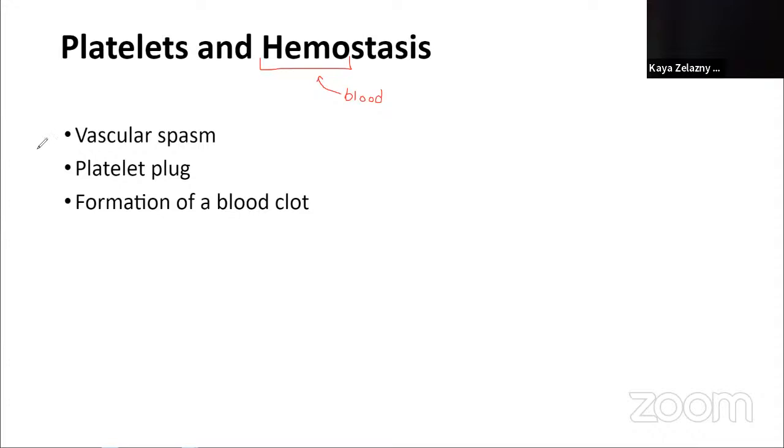So for this process, we're basically going to be having a series of steps, and then we're going to dive in deeper for each of the steps. So this is our first slide where we could consider 3 steps. The first thing we're going to see happen is a vascular spasm.